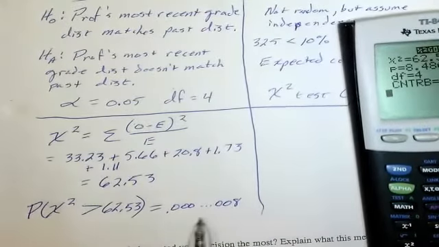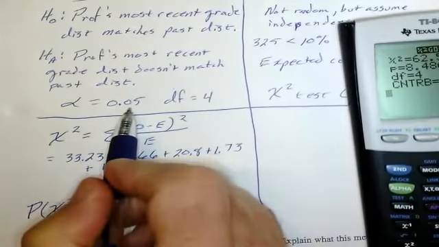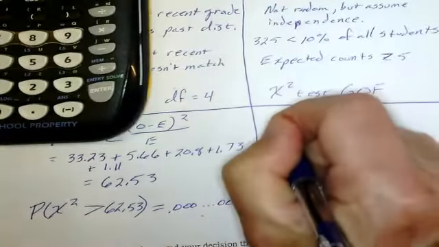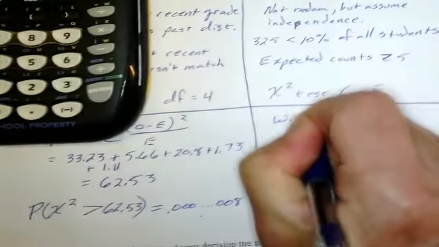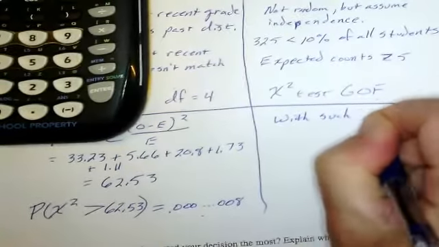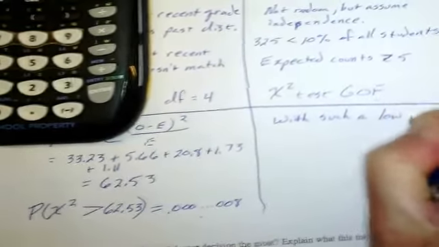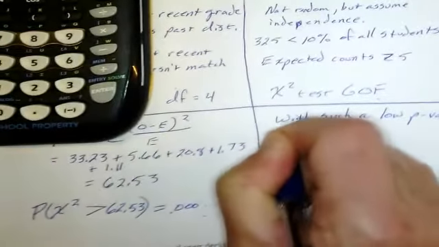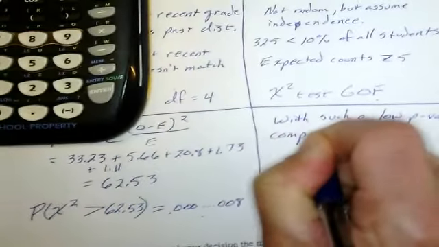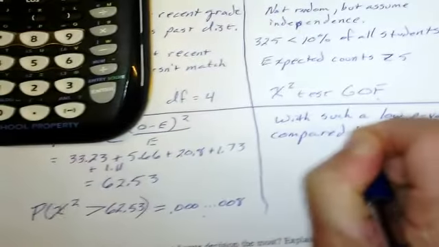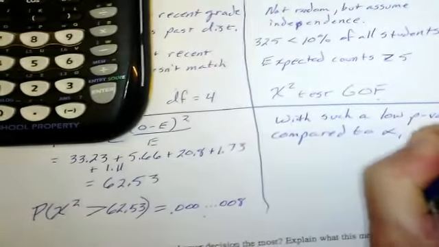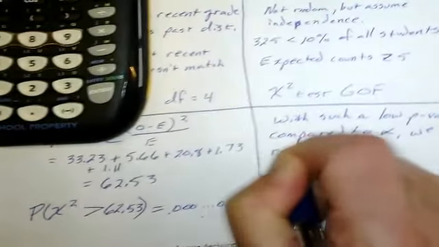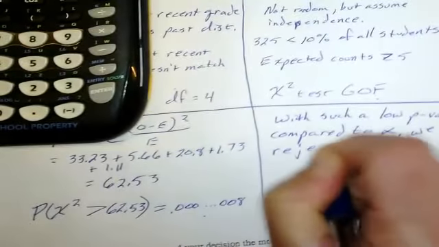All right, so that's a really small number. That's my alpha. With such a low p-value compared to alpha, we reject the null hypothesis.